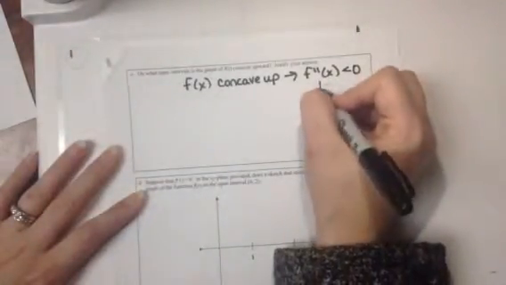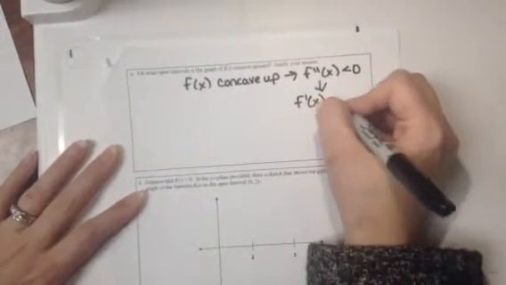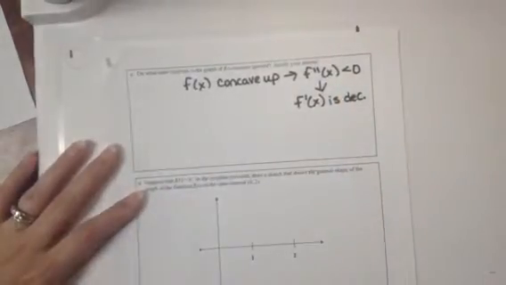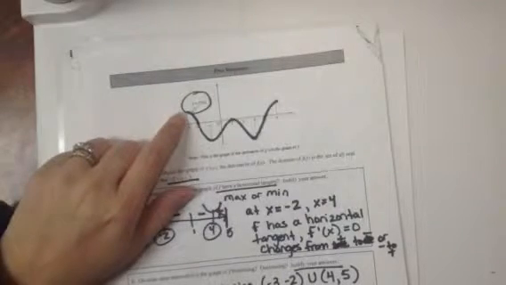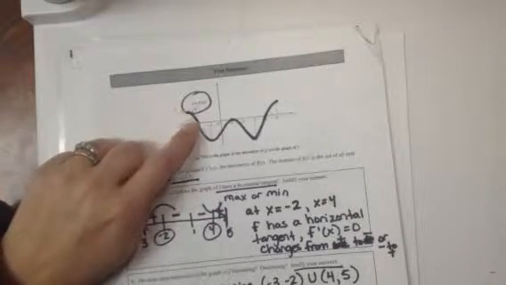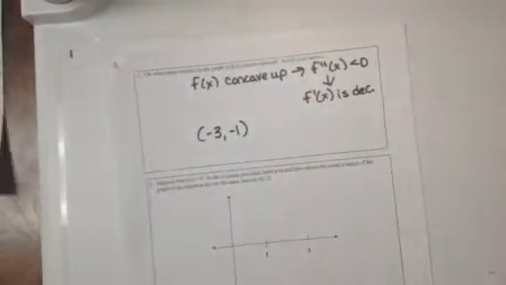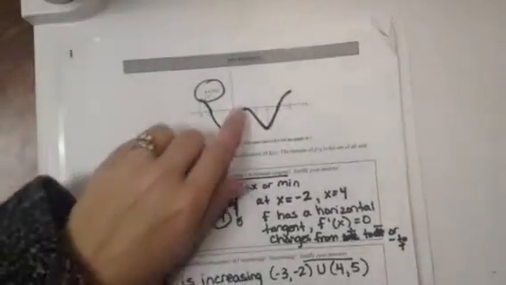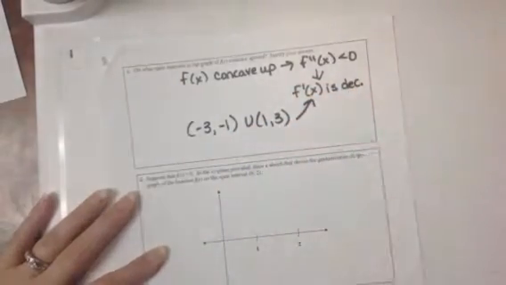So the second derivative is going to be negative where the first derivative is decreasing. And where is that first derivative decreasing? From -3 to -1, and it is also decreasing from 1 to 3. Union 1 to 3. Our reasoning would be that's where the first derivative is decreasing. This is really our reasoning.